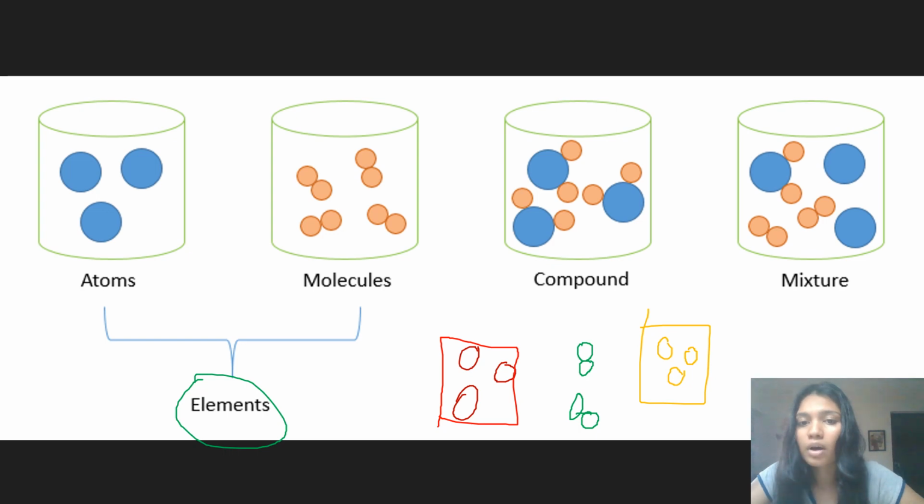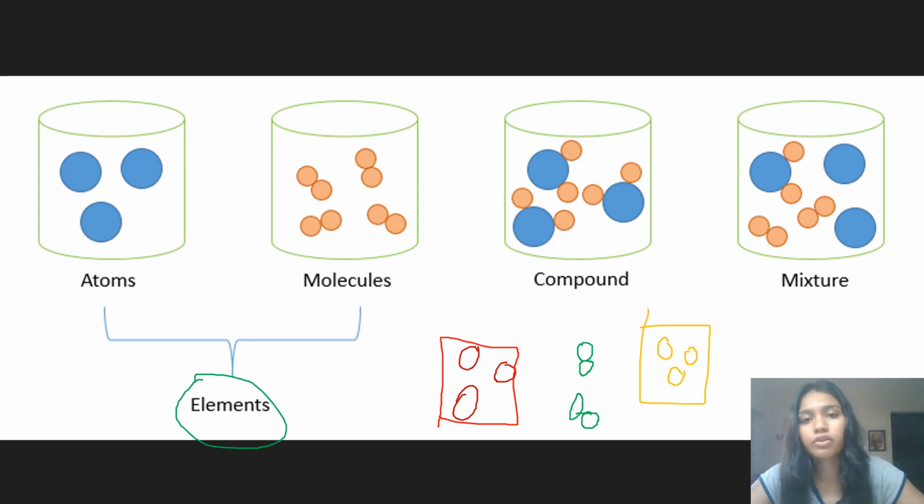A compound is made by two or more elements that are bonded together in fixed proportions. Here you can see in this compound you have one big blue atom bonded to two small orange atoms. Another one big blue atom bonded to two small orange atoms. The same for the third.